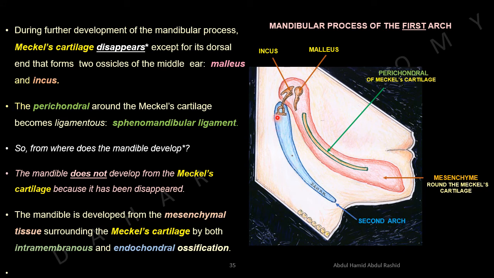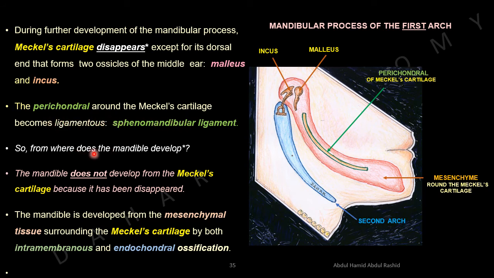This is the second arch. During further development of the mandibular process, Meckel's cartilage disappears except for its dorsal end that forms two ossicles of the middle ear, malleus and incus. The perichondrium around Meckel's cartilage becomes ligamentous, that is the sphenomandibular ligament.